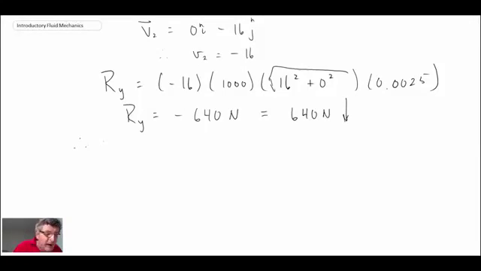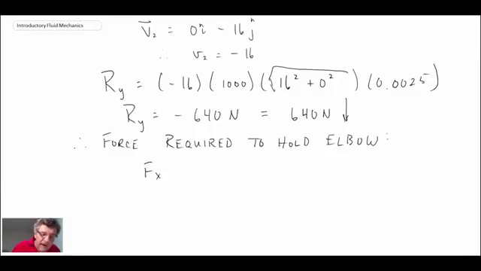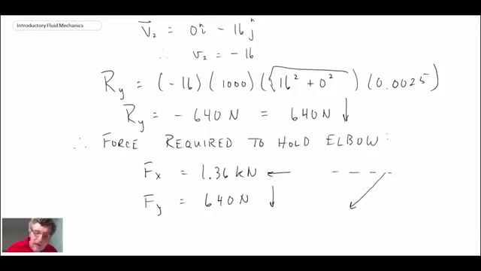So what we can write is the force required to hold the elbow, we can say it is Fx is 1.36 kilonewtons in the left, and Fy is 640 newtons down, and we can then resolve that vector.